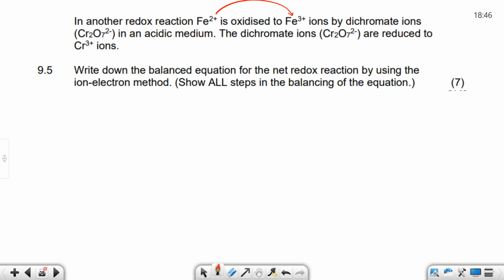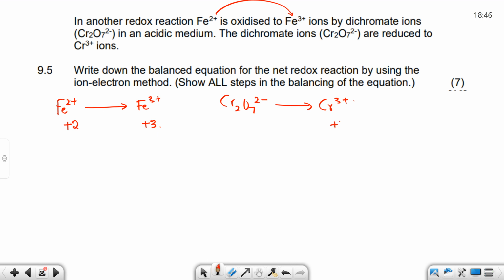Don't stress about the names. They told us Fe2+ is oxidized to what? How do I know? What's the oxidation number? Positive 2. What's the oxidation number? Positive 3. By dichromate, okay, the dichromate ions, Cr2O7 2-, are reduced to what? Cr3+.